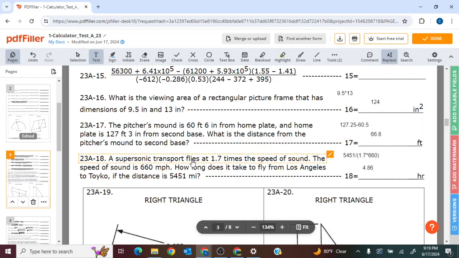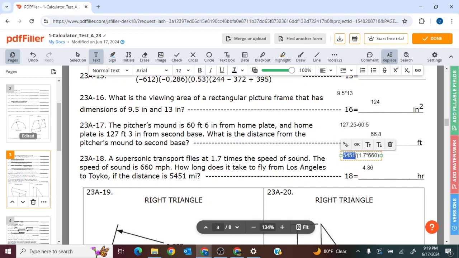Okay, a supersonic transport flies at 1.7 times the speed of sound of 660. How long does it take to fly 5,451 miles? Well, time is equivalent to distance over speed. So you do simply 5451 over that speed you have, and you get 4.86 hours.